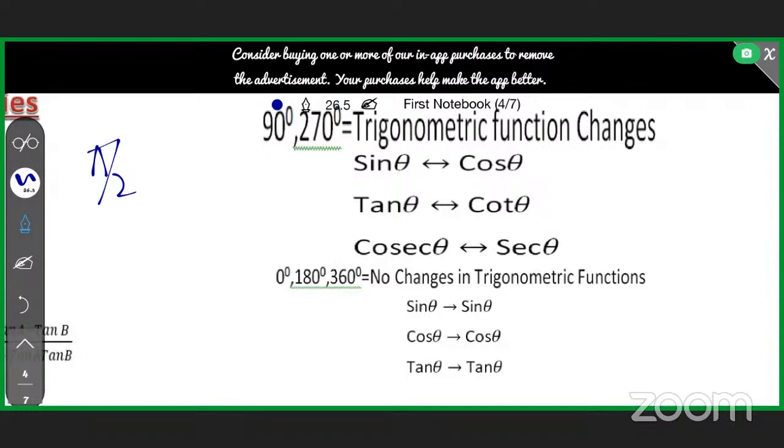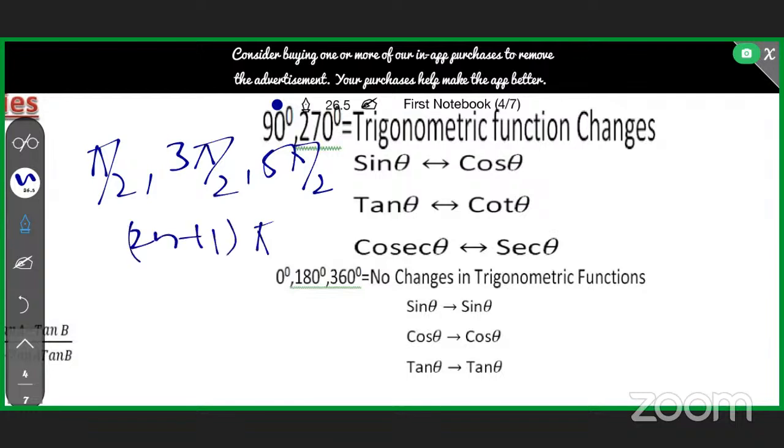When it is pi by 2, 3 pi by 2, or 5 pi by 2, generally it is (2n plus 1) pi by 2, an odd multiple of pi by 2. Pi by 2 is 90, 90 into 3 is 270, 90 into 5 is 450 degrees.